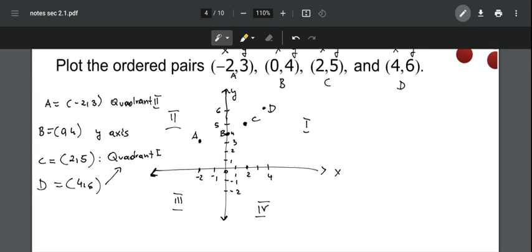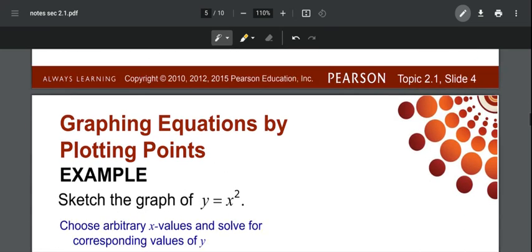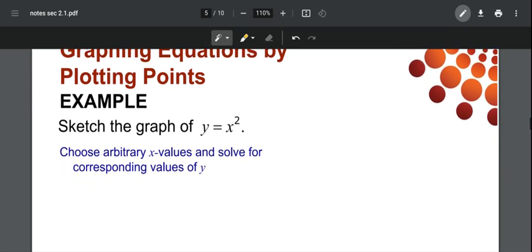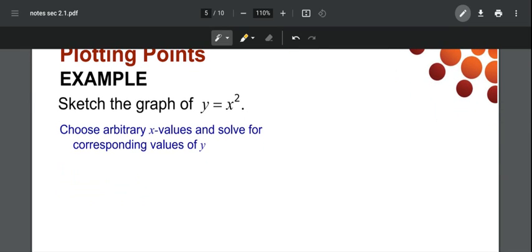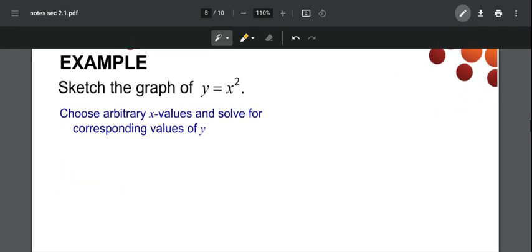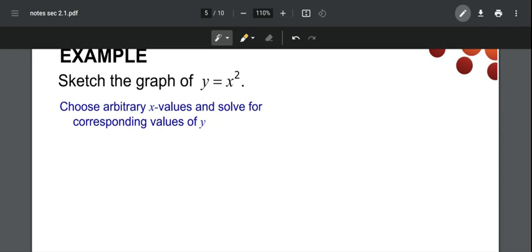Next, what we're going to talk about in section 2.1 is graphing an equation by plotting points. So here we have to sketch the graph of y = x². I'm going to teach you how to graph this equation by using a table of values. Okay. So we're going to create a table of values. For x, you can pick any value you want.